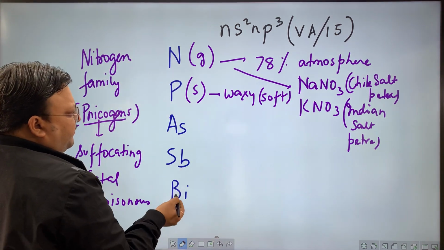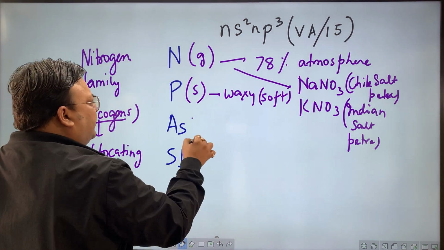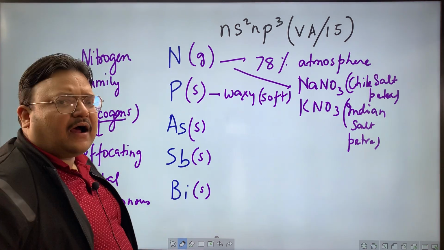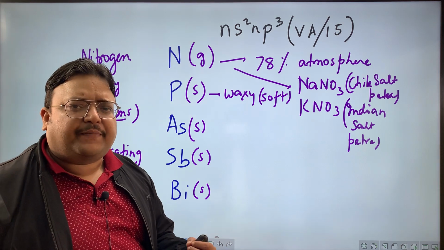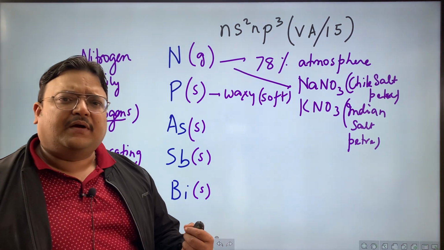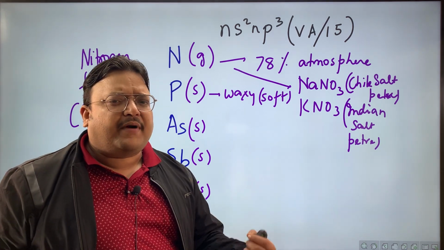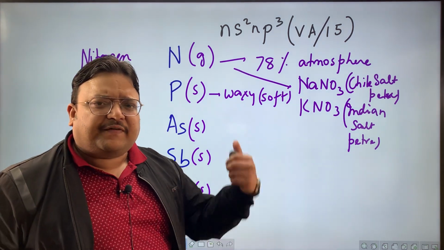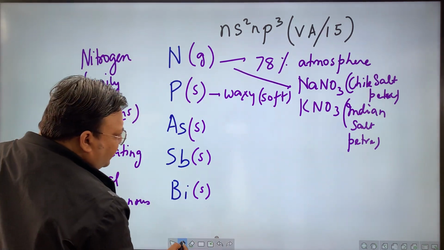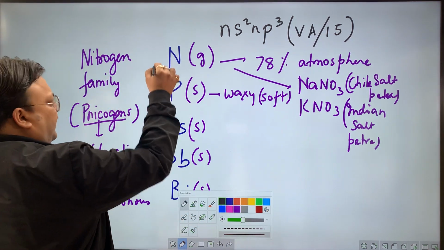Arsenic, antimony, bismuth, they're all solids, naturally. This happens to be a very classical group along with carbon family, where the migration from non-metallic to metallic character is very gradually and periodically seen. Nitrogen, phosphorus, they are completely non-metallic.